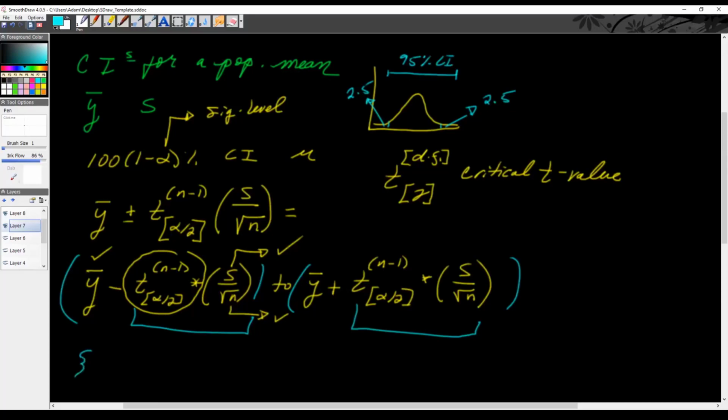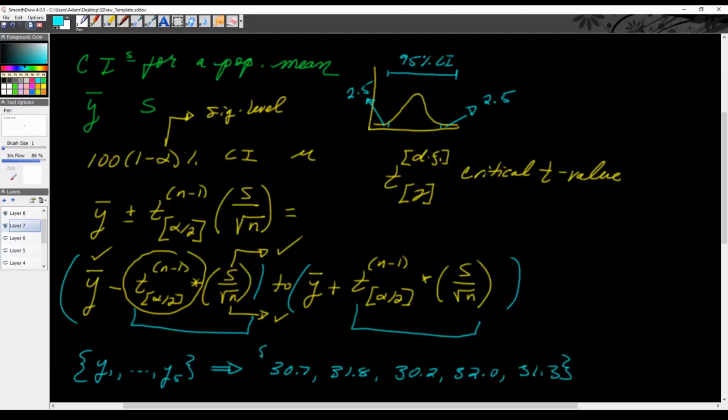So remember, we're working with a set of data Y1 all the way through Y5. And these values are 30.7, 31.8, 30.2, 32.0, 31.3.